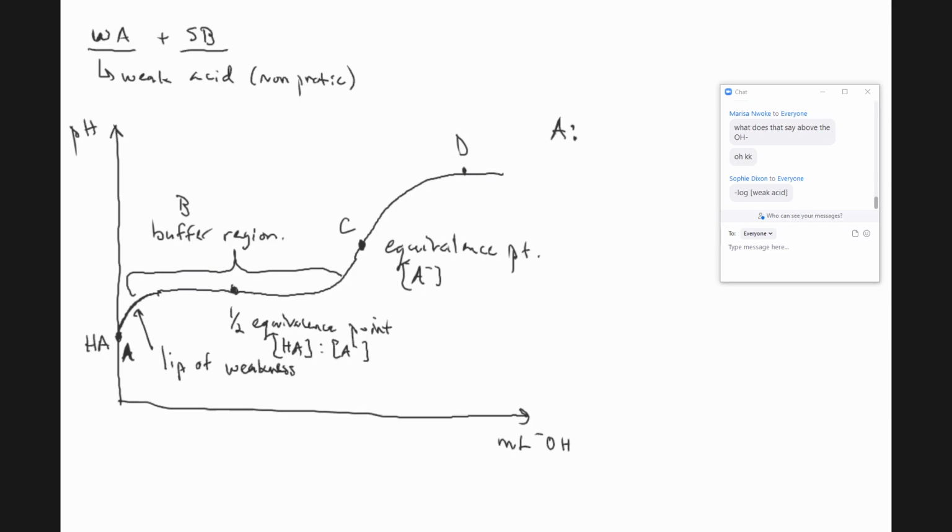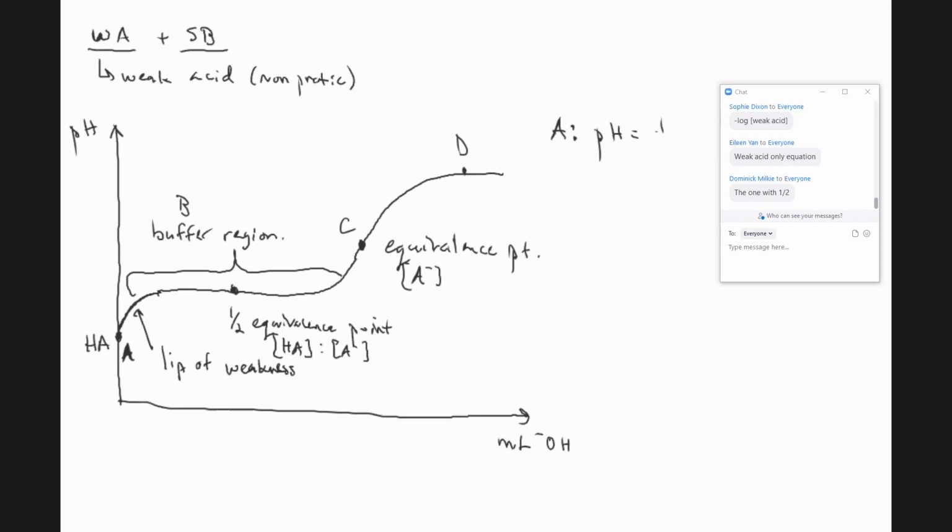Weak. So what equation should we be using to find the pH of that acid? Yeah, the one with 1/2 in it. Yes, the weak acid only equation.